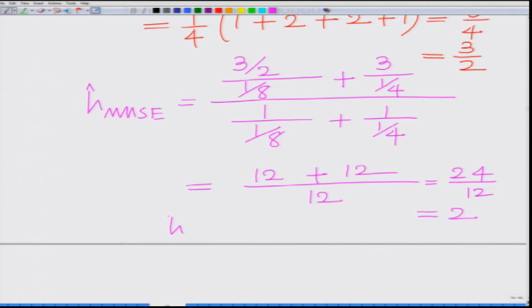Therefore, in this simple example, the MMSE estimate of the parameter H hat MMSE is equal to 2.